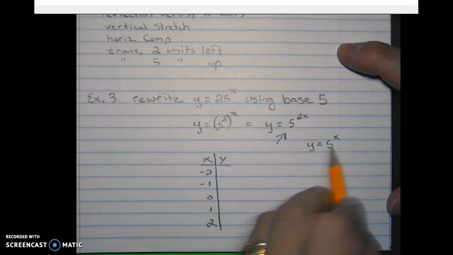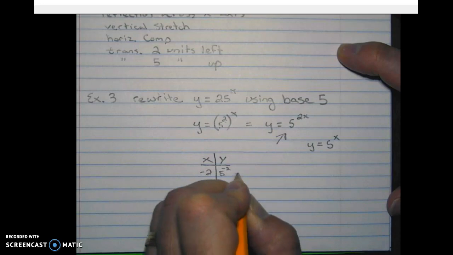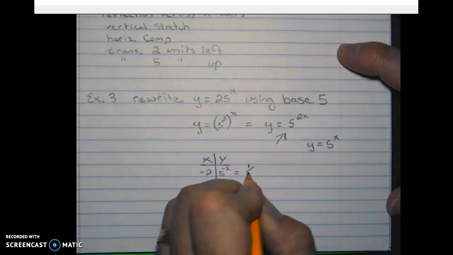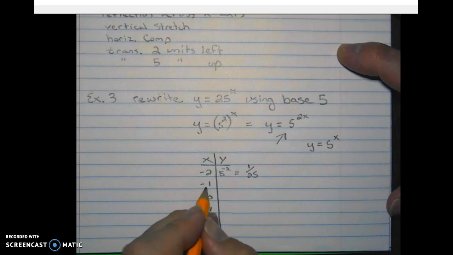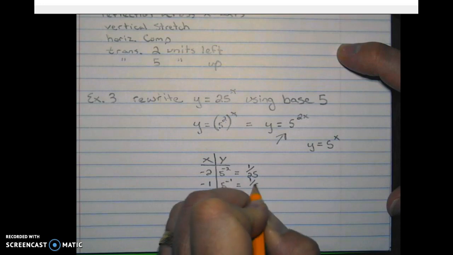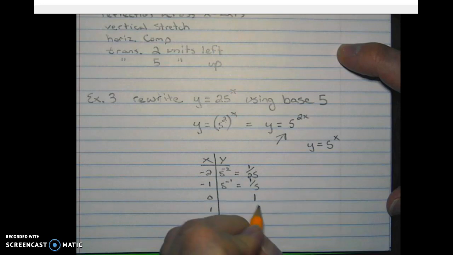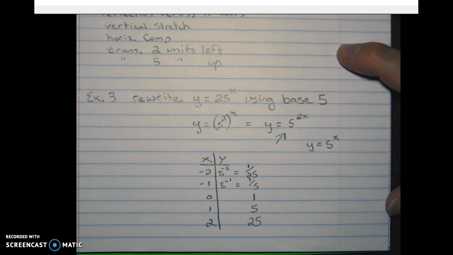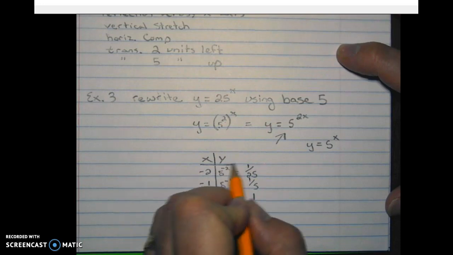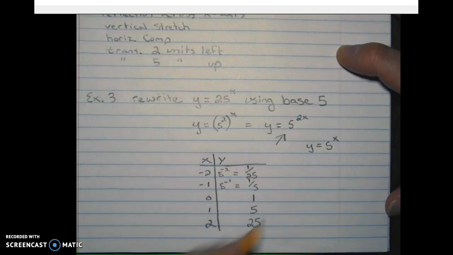Negative 2 in for x, we'd have 5 to the negative 2 power, which is 1/25. Plugging negative 1 in, we'd have 1/5. Plugging 0 in, 1. Plugging 1 in, 5. And plugging 2 in, 25. These are going to be our y values right here. So that would be your parent function if we plotted those points.